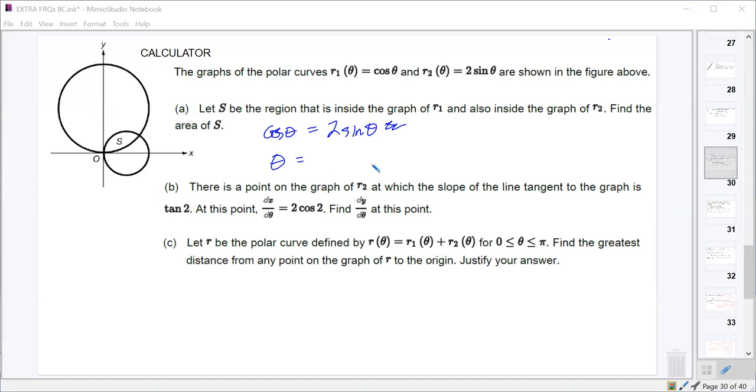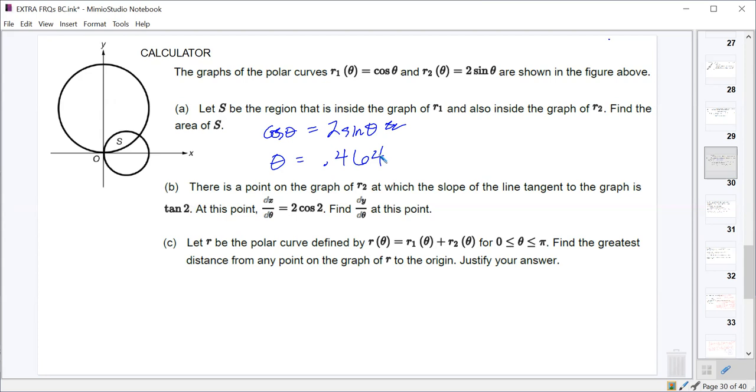Looks like they're going to intersect at point, what is it? 0.464. And your graphing calculator will give you more decimals than just 3 decimals. So make sure you use more than just 3 decimals for the intermediary values.